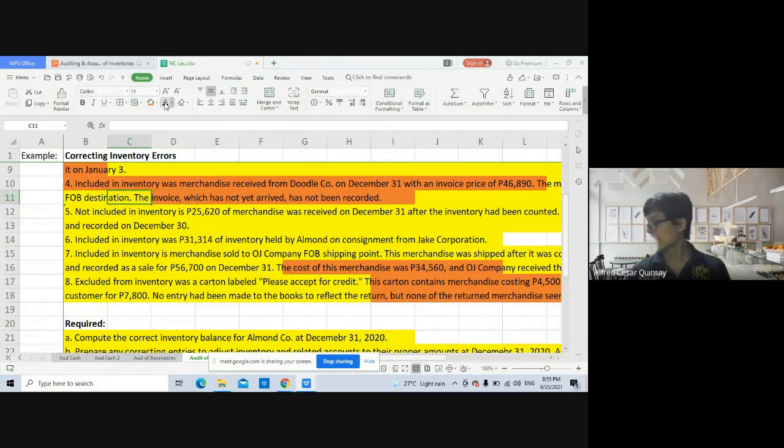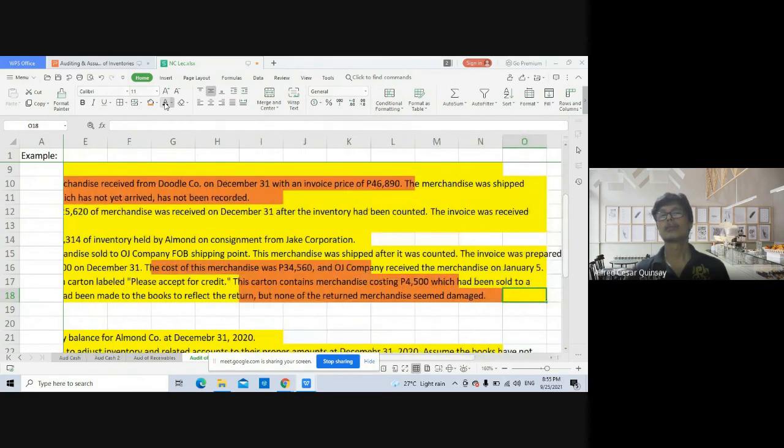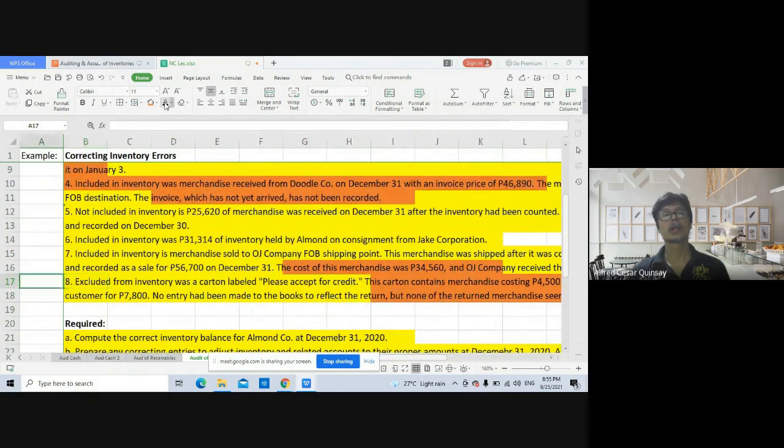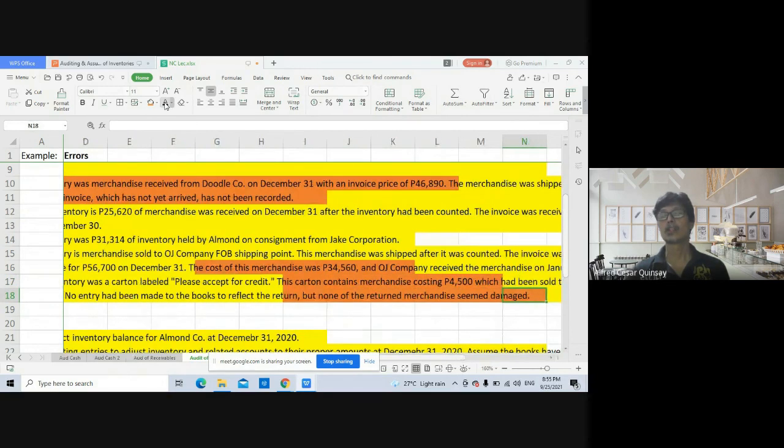Now, the last adjustment is here, no? Okay? So excluded from inventory was a carton labeled for the merchandise return, no?